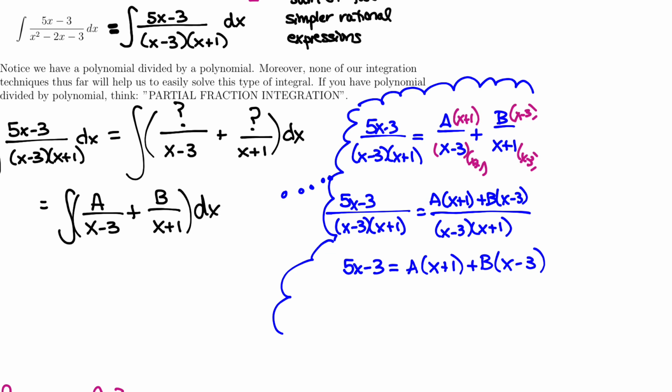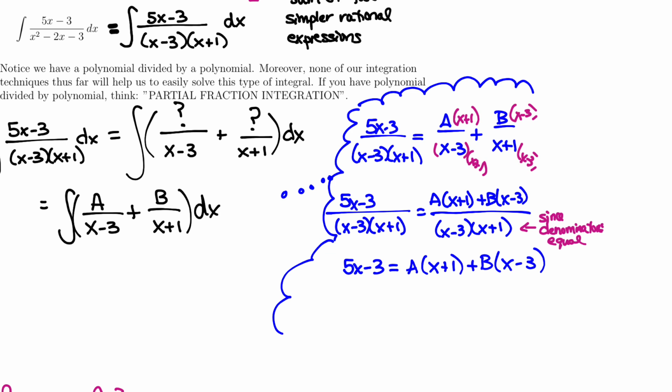Since my denominators are equal, my numerators have to be equated. Or in other words, I could take this equation and multiply both sides by the common denominator, x minus 3, x plus 1, and it would cancel on both sides. So my denominators are equal now, which means my numerators are equal. Now, at this point, we could do one of two things.